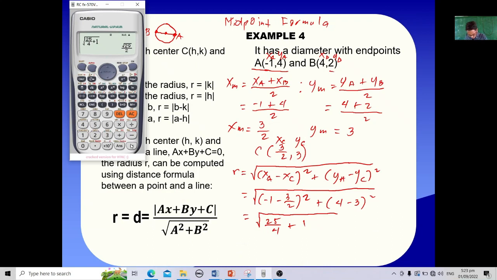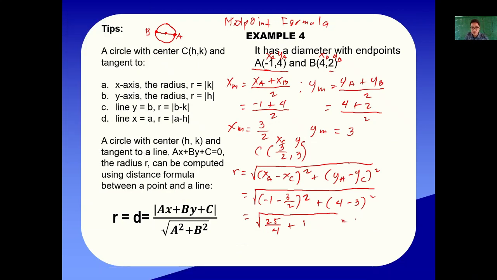Or ang gawin na lang natin is i-compute muna natin yung nasa loob ng square root. 25, hindi kayo malito, over 4 plus 1. That is 29 all over 4. It is equal to the square root of 29 all over 4.